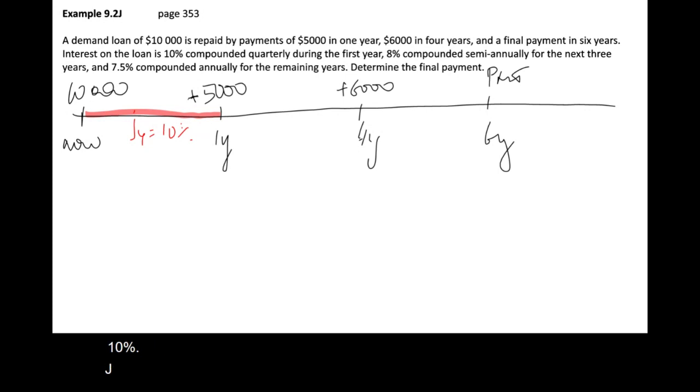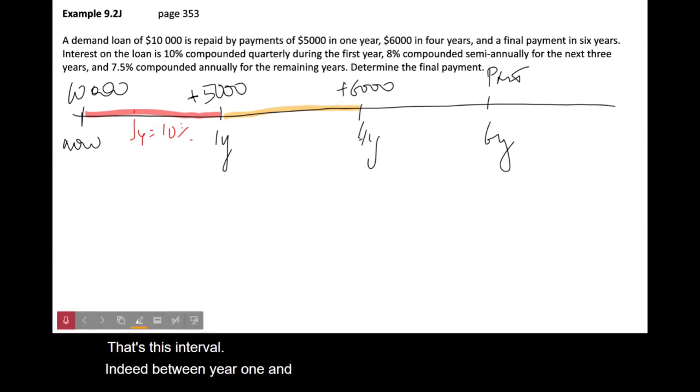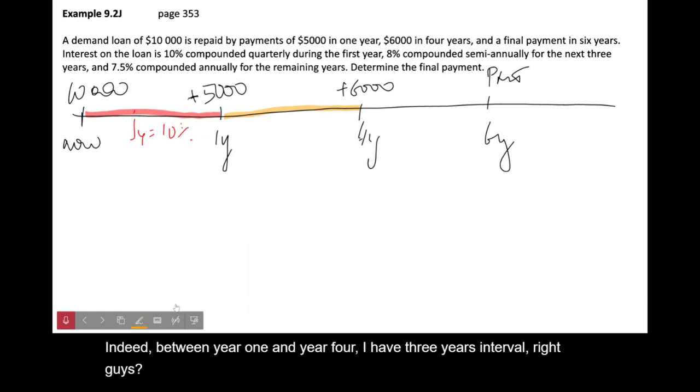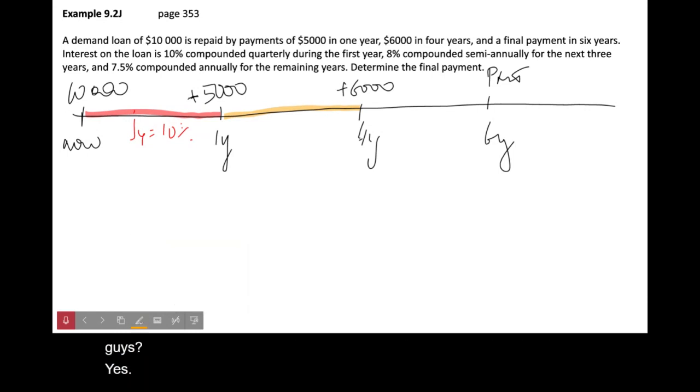J4 10%. Next 3 years, that's this interval. Indeed, between year 1 and year 4, I have what? 3 years interval, right, guys? Yes or yes? So J2 is 8%.